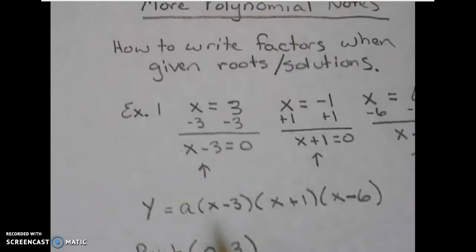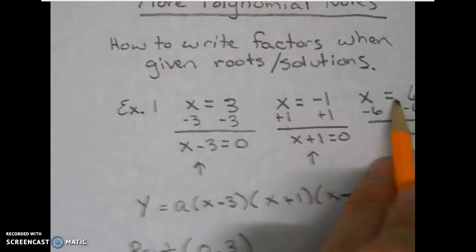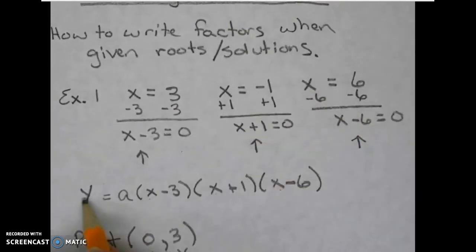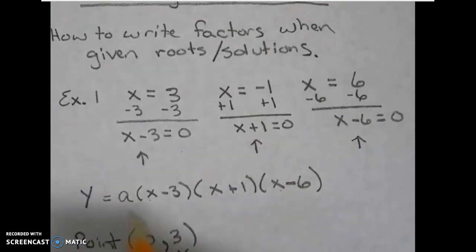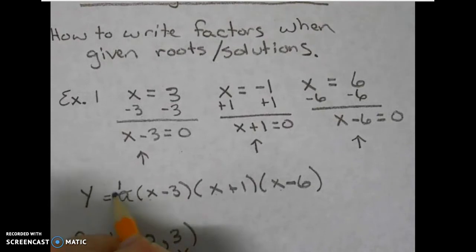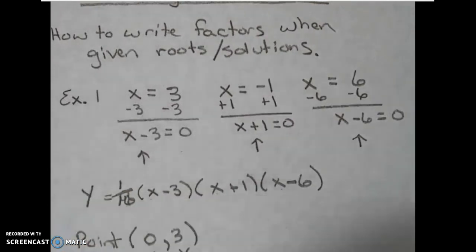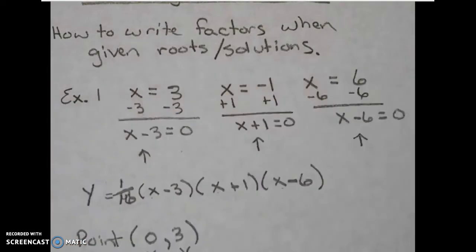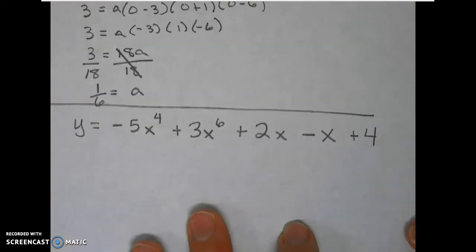So the equation that goes through this point and has these solutions would be y equals 1/6 times these factors. Okay, let's move on to something else.